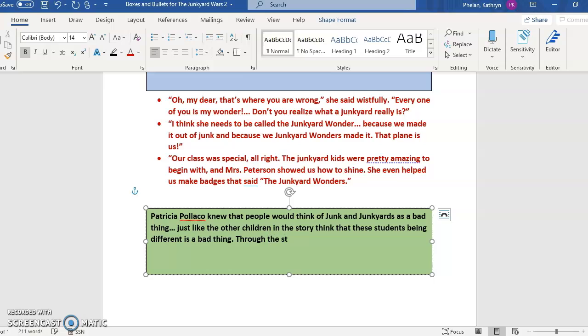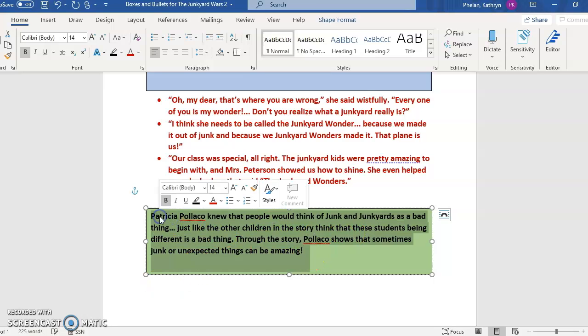Through the story, Polacco, the author, shows that sometimes junk or unexpected anything can be amazing. Okay, so there is my answer to that question.